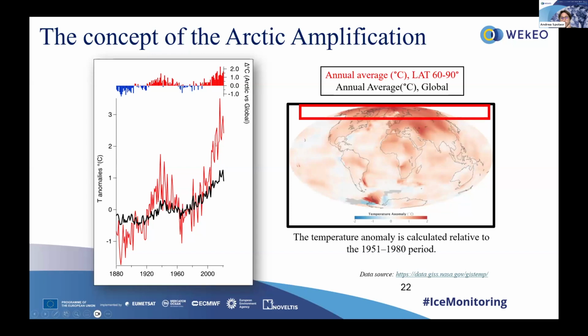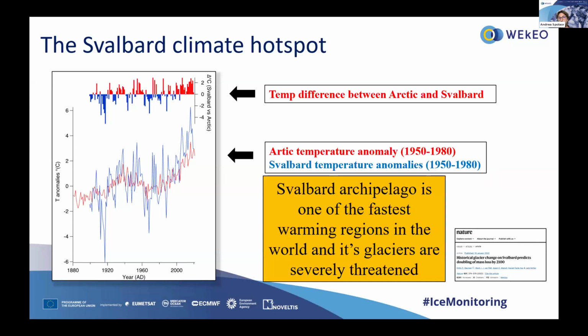We see that in the last two or three decades, the temperature in the Arctic is increasing at a much faster rate compared to the global average. However, this red curve is connected to the whole Arctic. If you look in more detail at the Svalbard archipelago, still on the chart on the left, the red curve shows the temperature anomaly compared to a reference period, 1950 to 1980, for the whole Arctic.